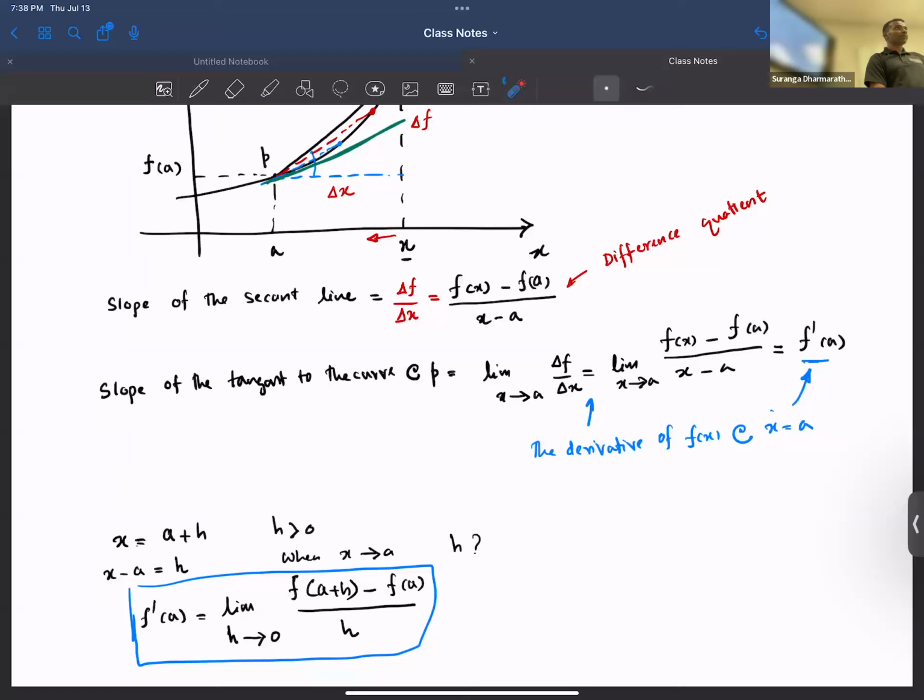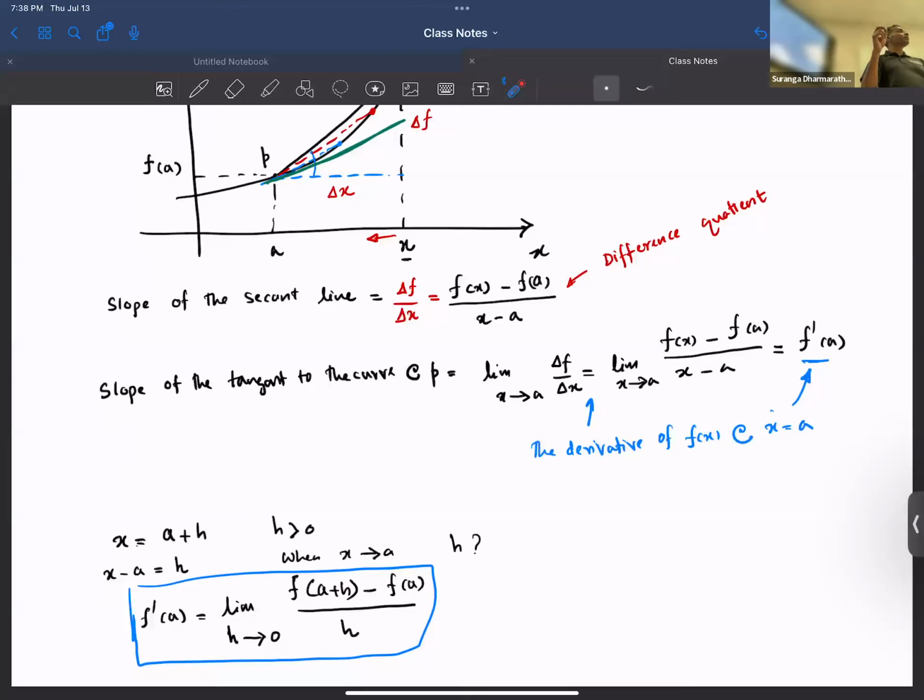You see what I mean? The limit should exist. What conditions need to be satisfied for the limit to exist? What do you mean by the limit exists?